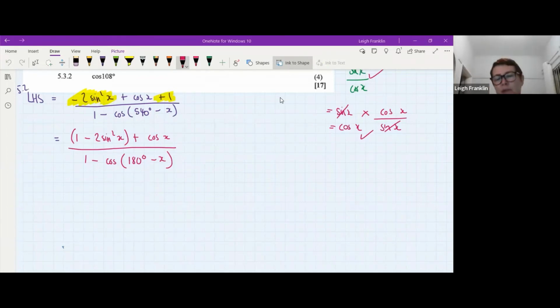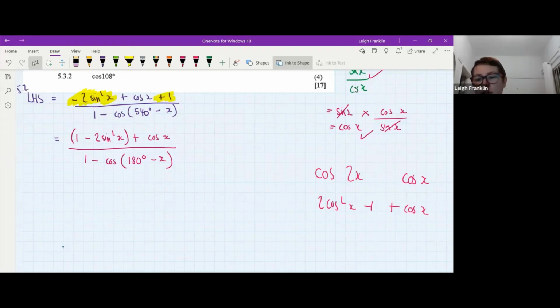Now this is something that you know. When you see cos 2x and it's been put together with cos x, normally what we would do is write cos 2x as 2 cos squared x minus 1, together with our cos x.